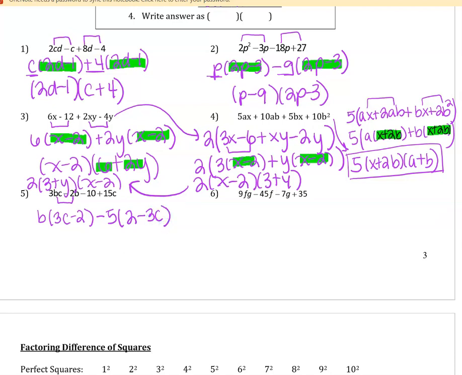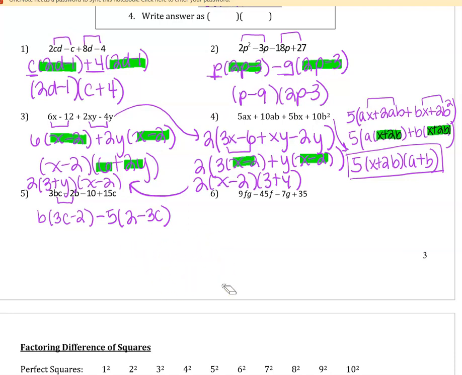So here's what's tough about what I have listed right here. 3c minus 2 and 2 minus 3c are actually not mathematically equivalent. That's like saying 2 minus 3 is not the same thing as 3 minus 2, right? One equals -1, one equals +1.